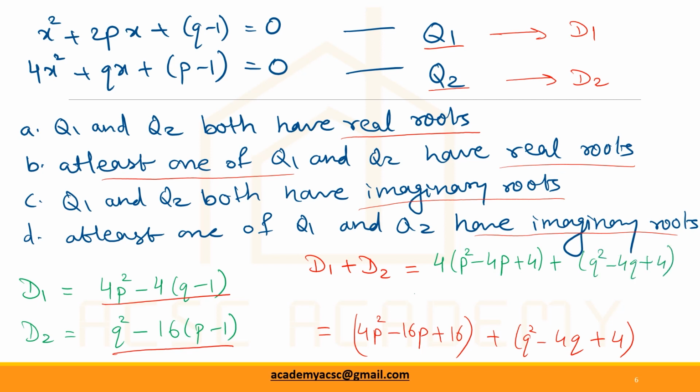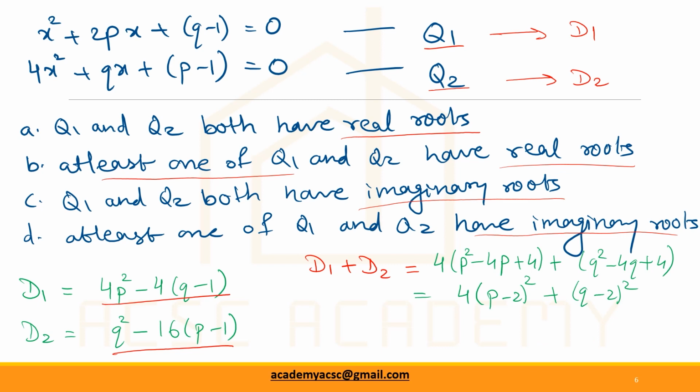And now we can write this as 4 times p minus 2 the whole squared plus q minus 2 the whole squared. So that is what we have got as the sum of d1 and d2.